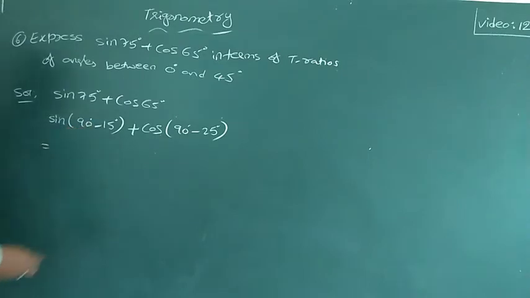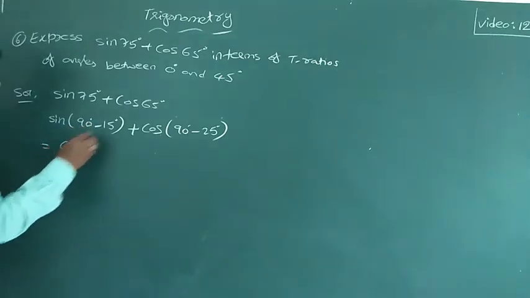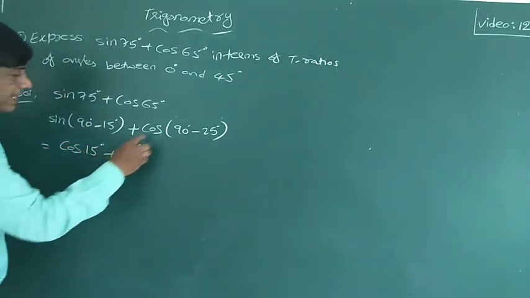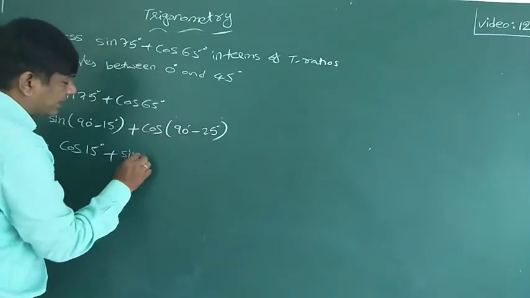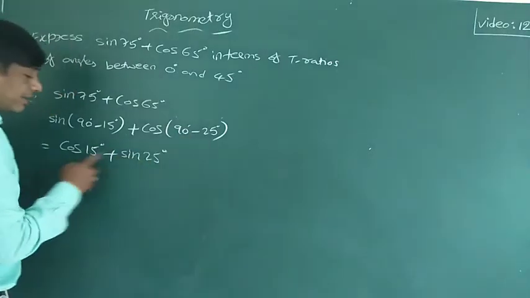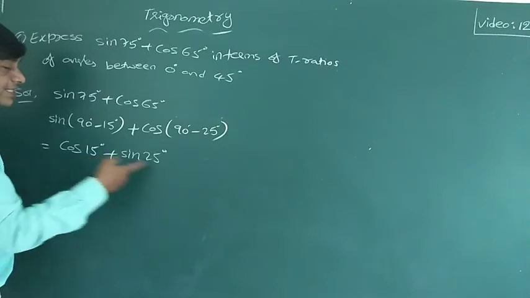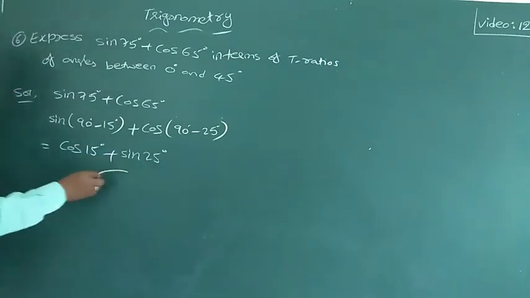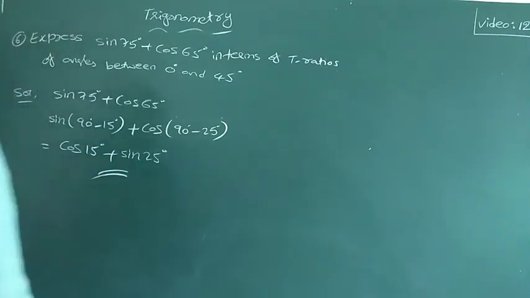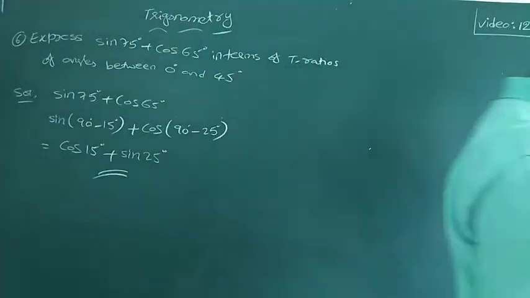This is equal to cos 15 degrees, since sin (90 minus theta) is cos theta, plus sin 25 degrees, since cos (90 minus theta) is sin theta. Here the trigonometric functions are between 0 degrees and 45 degrees only, as required. Okay? Write this one. The next question I discuss.